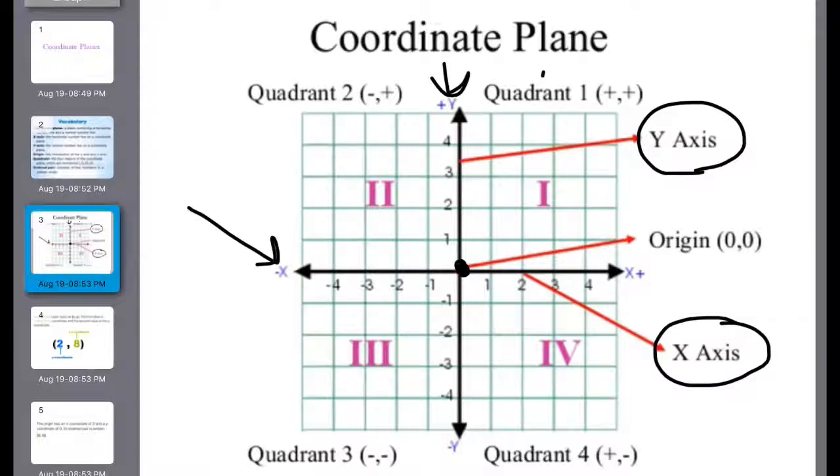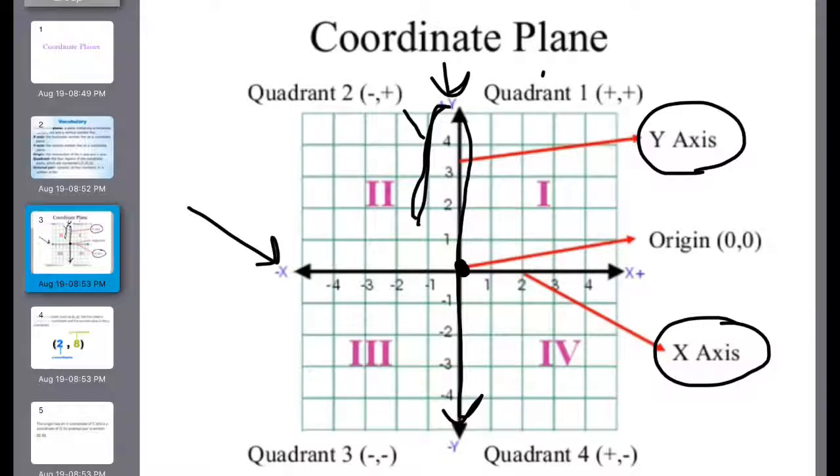The one that helps me the most is thinking about the letter Y. When you make the letter Y, it has a long tail that comes down. This long tail looks like the long number line for the y-axis. That helps me remember which one's Y, and then I know the other number line, the horizontal number line, must be X.